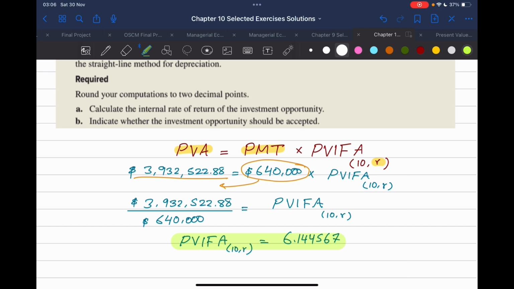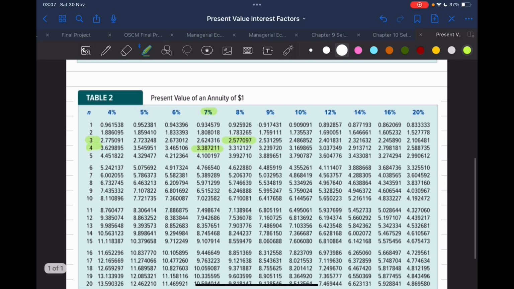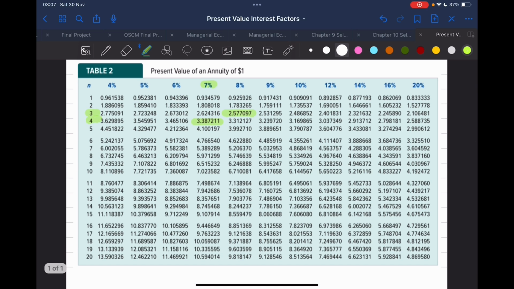Now that I have this, I can simply go to my table 2, the present value of annuity table, and look for this in correspondence with the 10-year line. So the number we're looking for is 6.144567. Let's go to table 2 right here and look for the 10-year period, and then move across this way until we find our number.